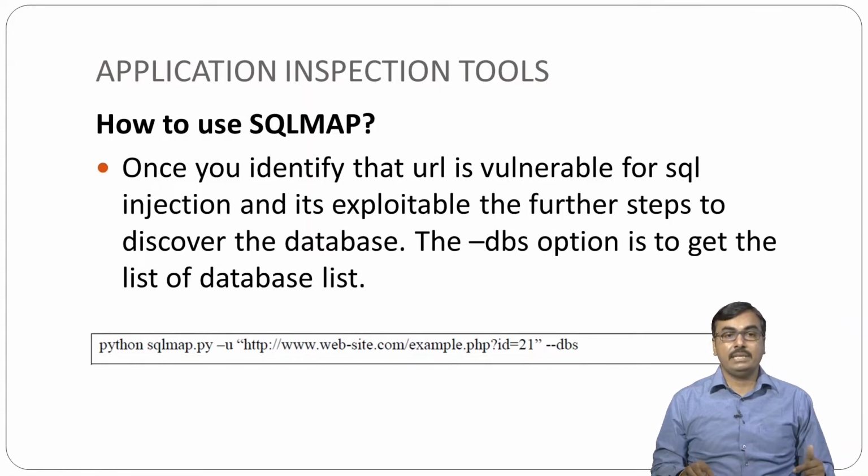How can we say that a particular URL is vulnerable?